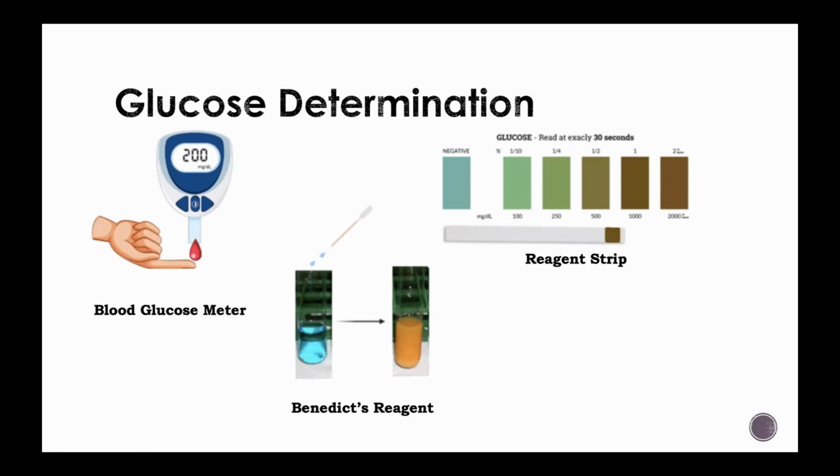So the more glucose, the darker the color showing on the reagent strip is going to be. We can see here that this brown matches up with 1,000 milligrams per deciliter, which means that there is a large amount of glucose in the urine.